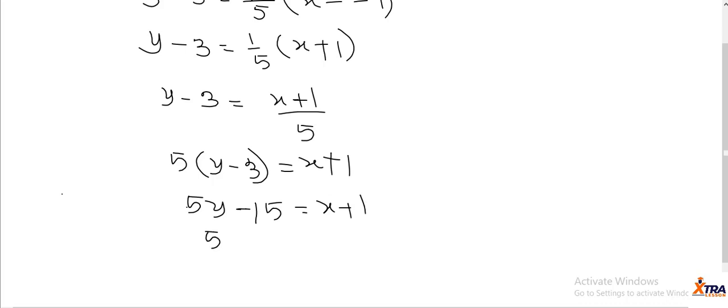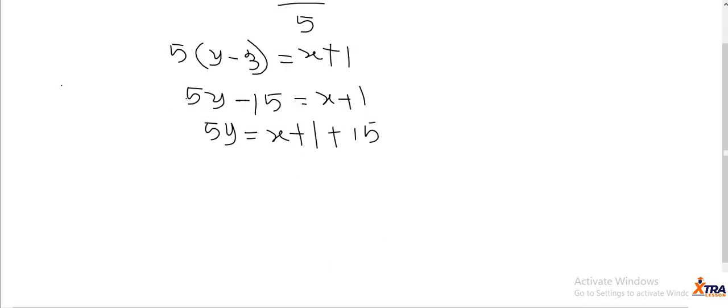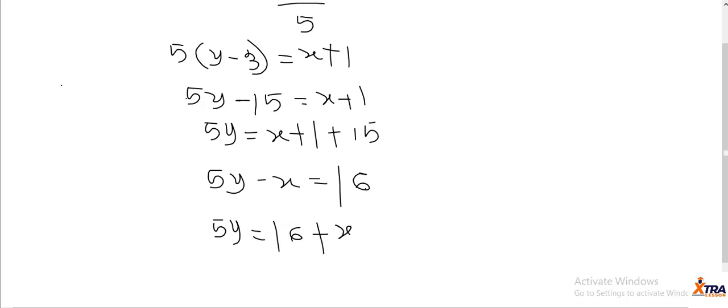So we have 5y equals x plus 1 plus 15. So we have 5y, and this x can come here, you have minus x equals 16. Which we can also express as 5y equals 16 plus x.